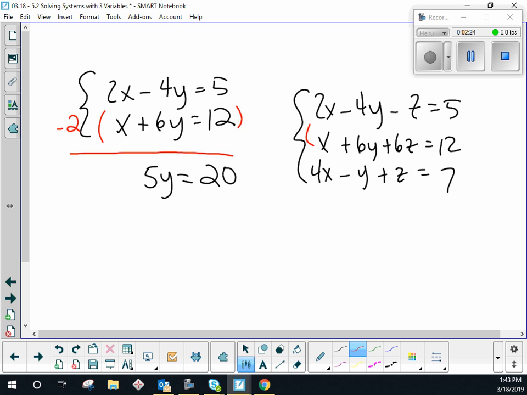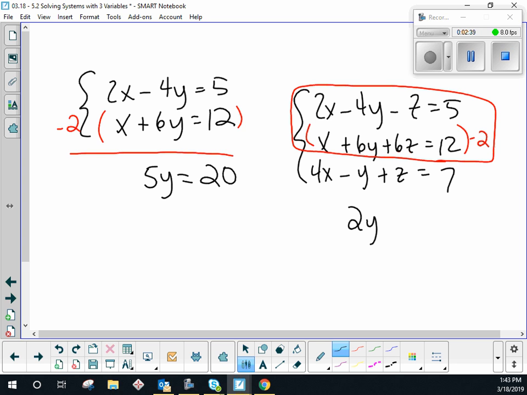So let's say I was looking at these two things, and I was going to multiply by -2. Then I would add those two equations together again. Well, the x's would drop out, just like they did over there, but I'd still have some y's and still have some z's. And can I solve this? No, because there's too many variables, right?